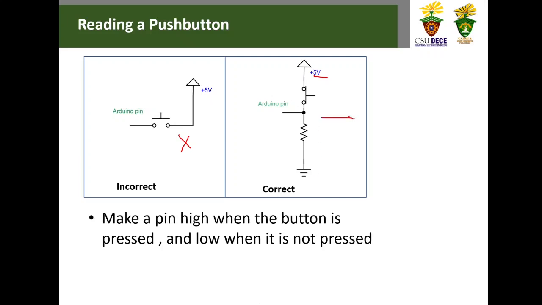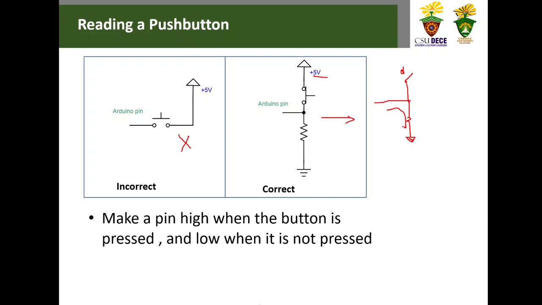So in case nga wala nato siya gi-press, ang connection sa Arduino pin nato, ma-disconnect na ni siya. Diba? Disconnected na siya. So diri naa tay resistor, we can see it clearly na ang atong Arduino pin is now connected or pulled down to the ground. So it is guaranteed then that in this connection, when the push button is not pressed, then it is connected in low.